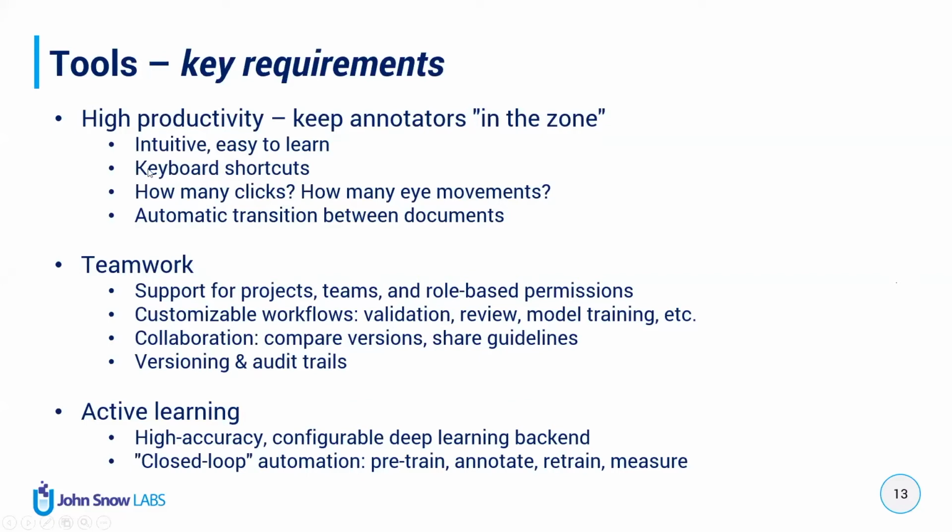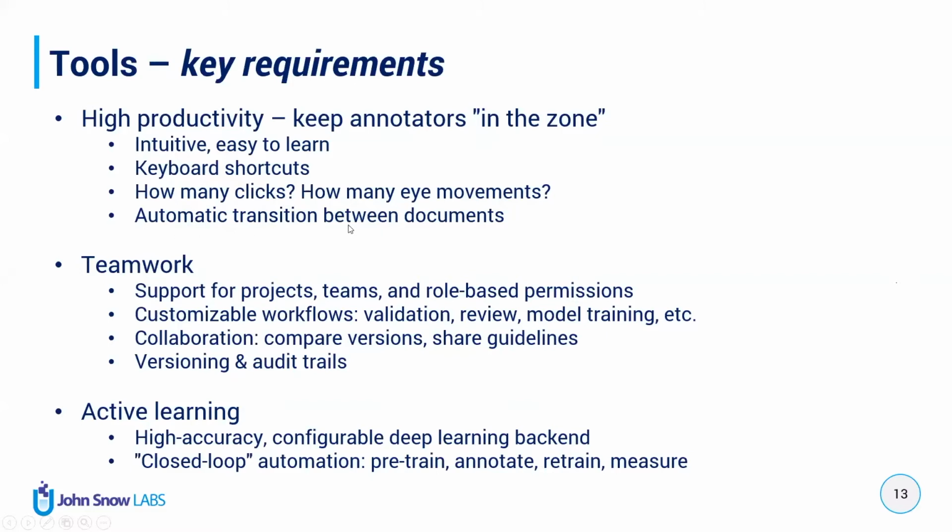Then the tool should offer support for keyboard shortcuts because it is much easier to work with the keyboard for creating annotations and navigating between documents and between the created labels than with the mouse, okay? Then it should allow a very fast annotation because when you are processing thousands of documents per month, you start counting the clicks and the eye movements and the distance between different buttons and so on.